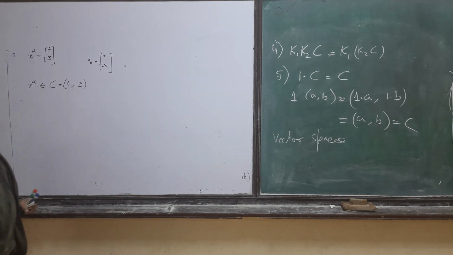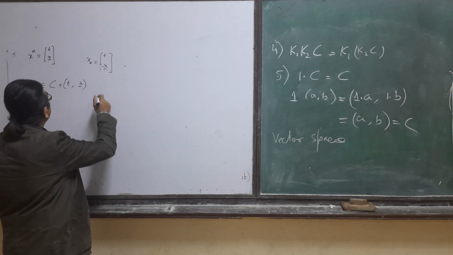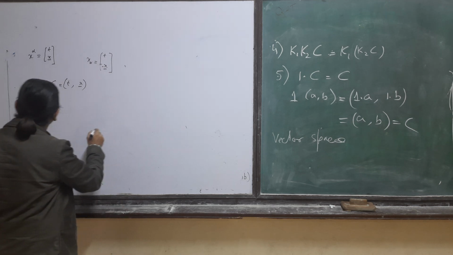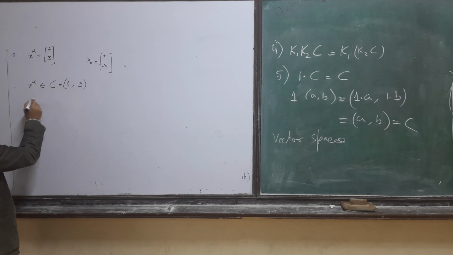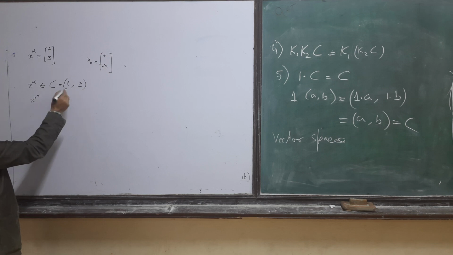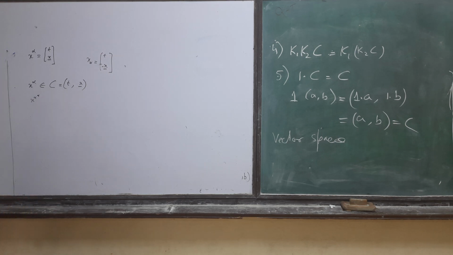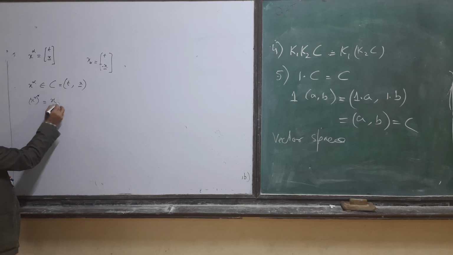So that's why x alpha complex conjugate, if you take the complex conjugate, this will give you the covariance.